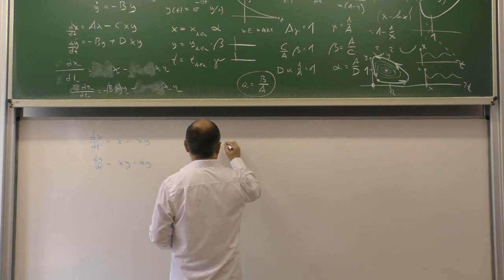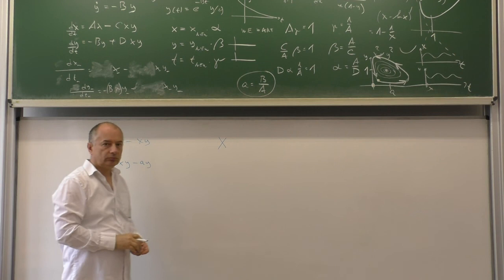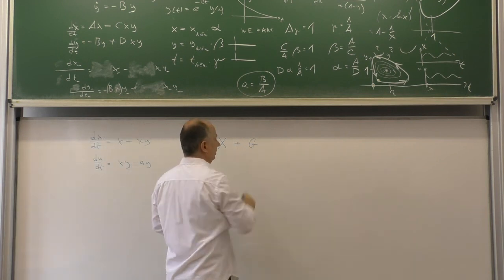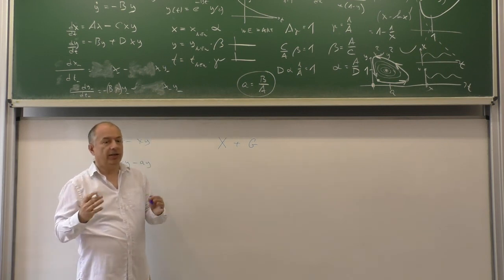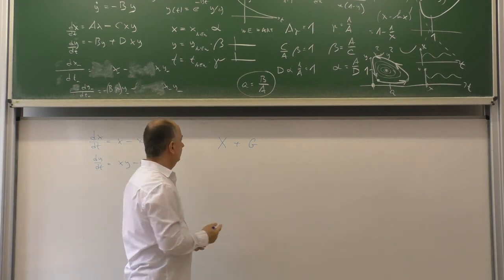Imagine one chemical species, let's call it X, that reacts with something that we call capital G, another chemical species. G comes from green stuff, that means the nourishment for the prey system.